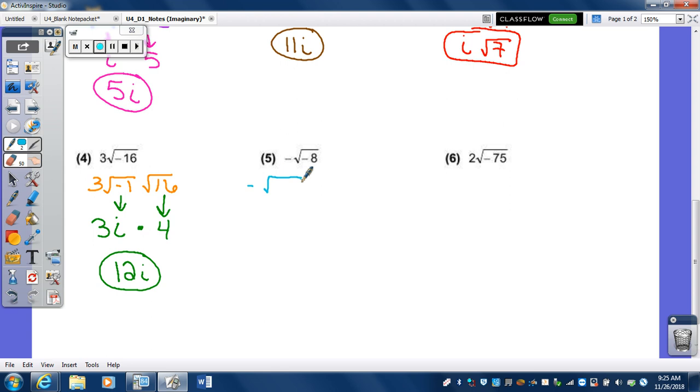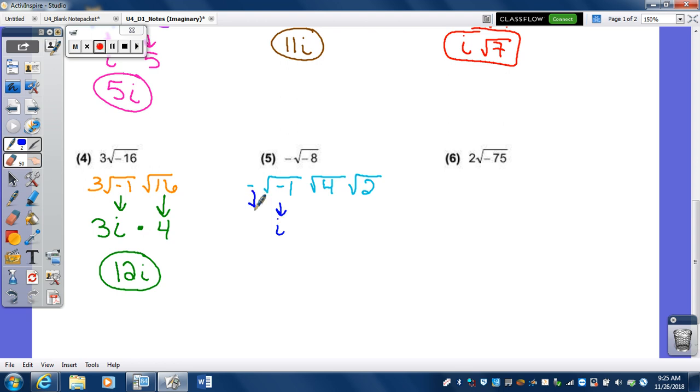So for number 5, 8 is not a perfect square. But there is a perfect square that goes into it. So I'm going to start off with my negative 1 there. And then what's our perfect square that goes into 8? 4, and then 2. So then again, looking at each piece, the square root of negative 1 is my i.